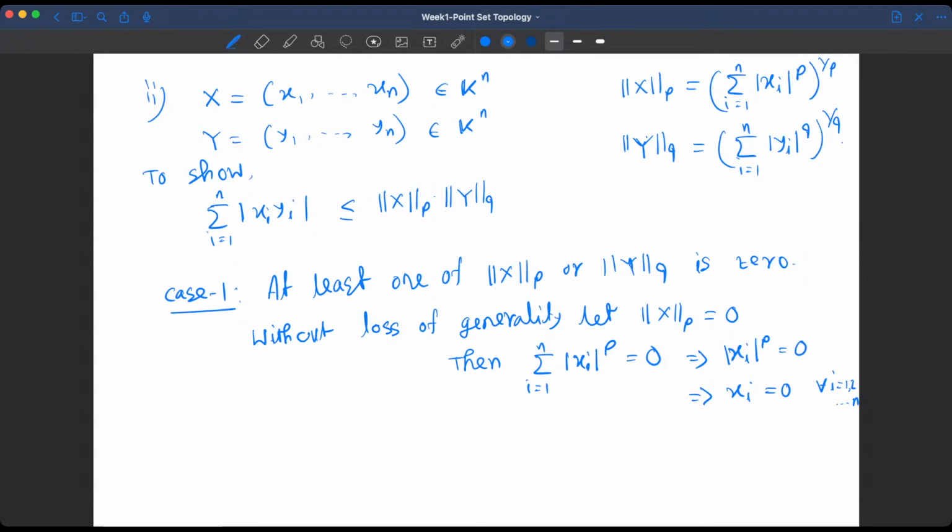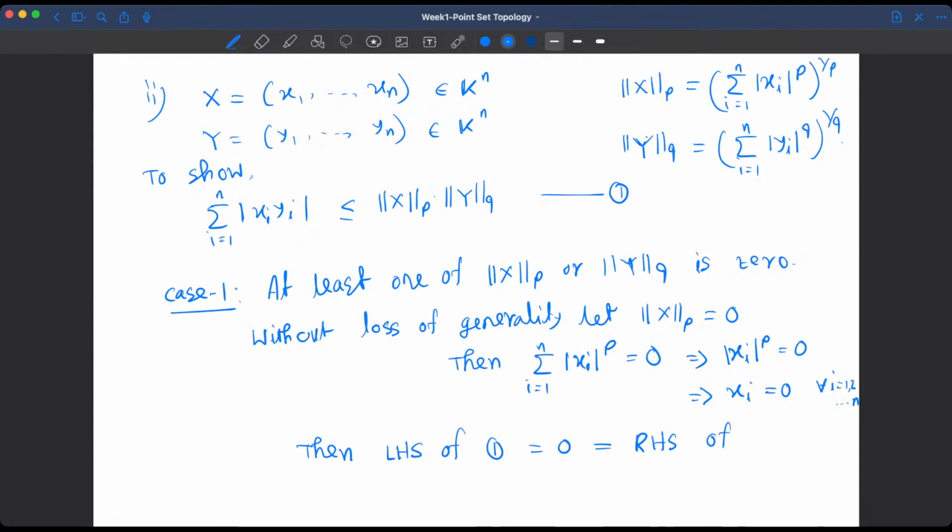So let me call this 1. Then the left hand side of 1 is equal to 0, which is the same as the right hand side of 1, which is 0.